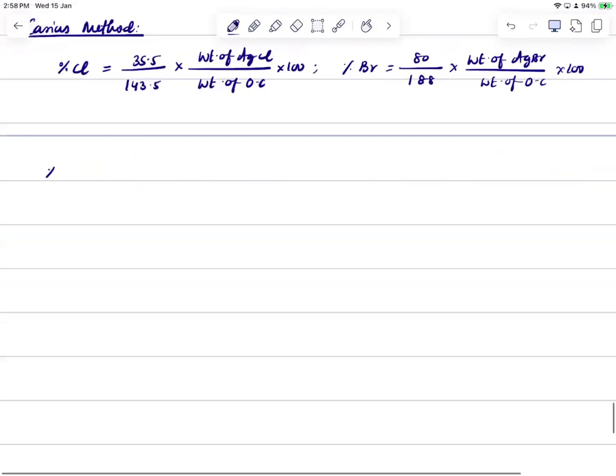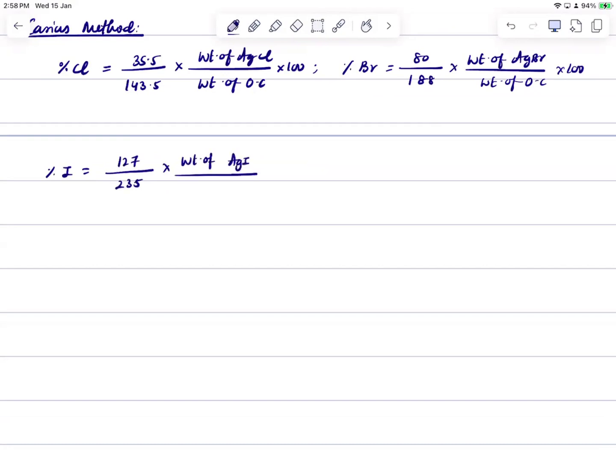And percentage of iodine will be equal to 127 by 235 into weight of AgI divided by weight of organic compound into 100.